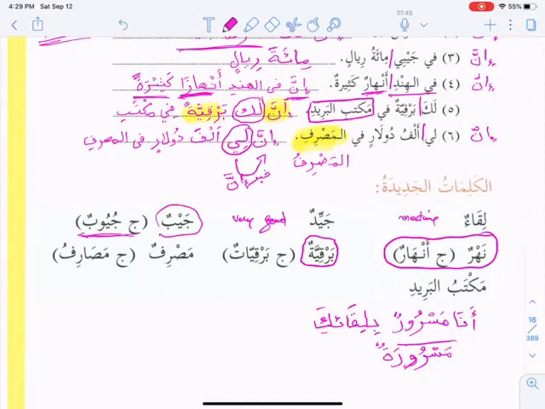Jama barkiyatun. Masrifun, bank. Jama masarifu. Mamnu min sarf. Watch it. Masarifu. Inshallah. Maktabul barid. Post office. Post office. Inshallah.